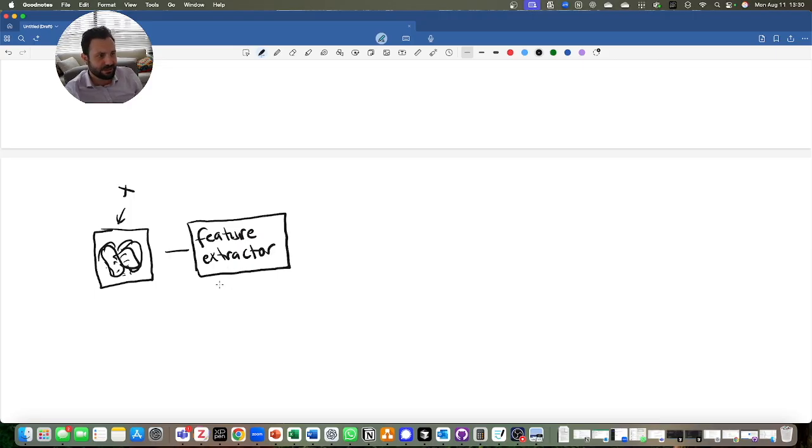This is engineered. This is a function, right? So this is f of x. And this f of x gives me what I'm going to call h. The letter h comes from hidden, actually, and this notation is going to become more meaningful when we go to deep neural networks. But hang on with me. This h is going to be my embedding.